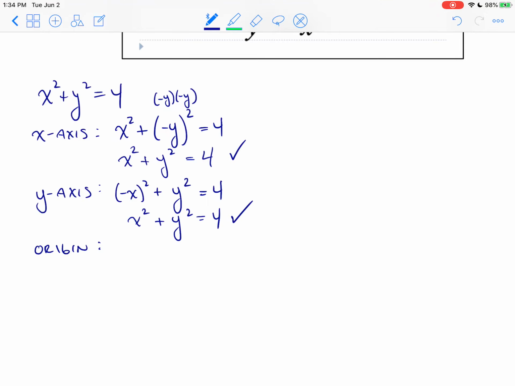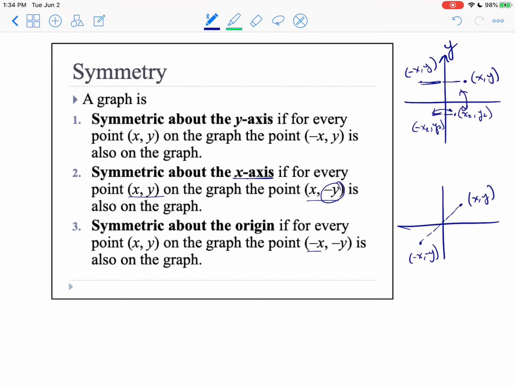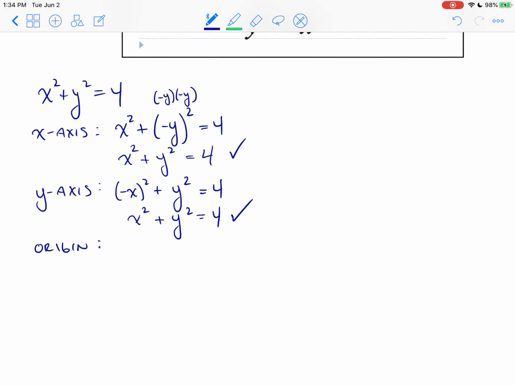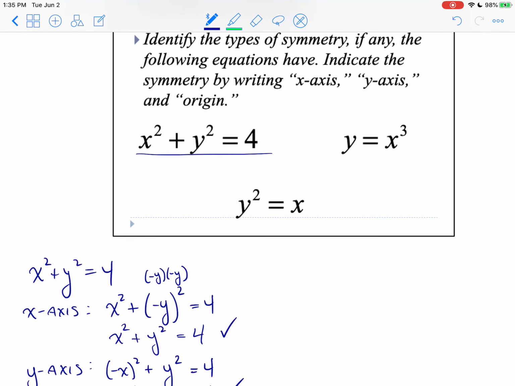Looking at the definition, for every point (x, y) on the graph, the point (-x, -y) is also on the graph. So let's plug in negative x for x and negative y for y. And it looks like we get back the original equation. And so this graph has all three types of symmetry.